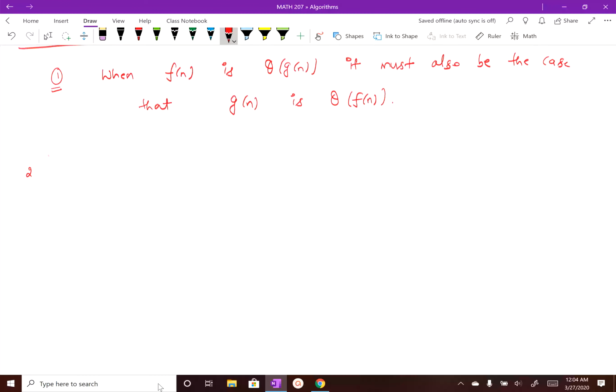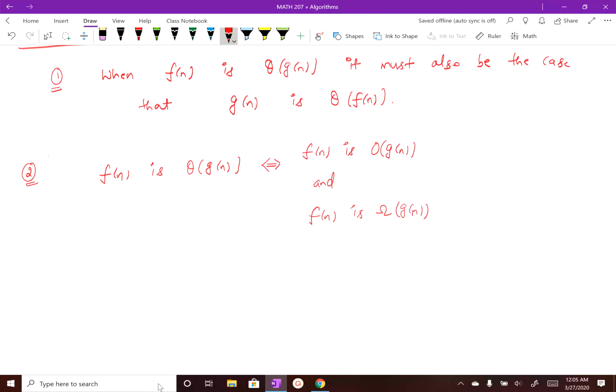The second property is that f of n is big theta of g of n if and only if f of n is big O of g of n and f of n is big omega of g of n. And we have seen one example based on that.